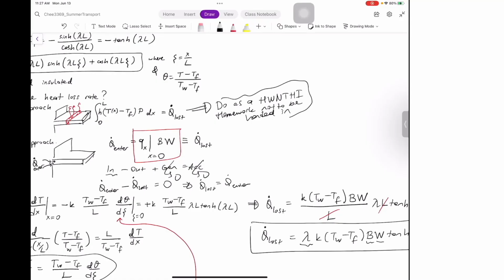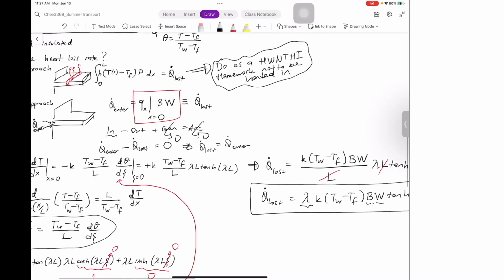And this is going to be a good validation, so you can compare it with the finding that we found in the class.